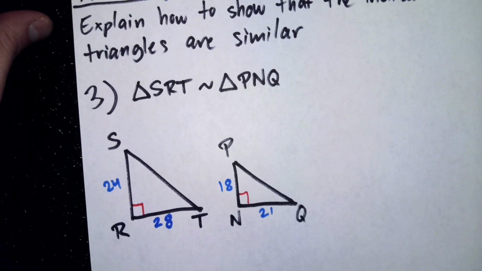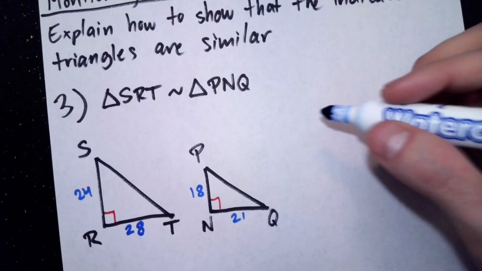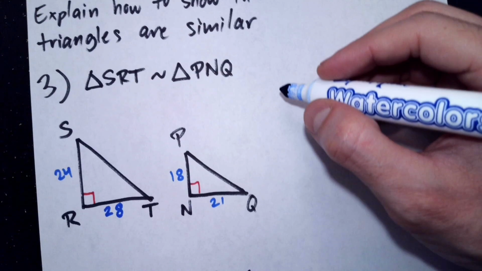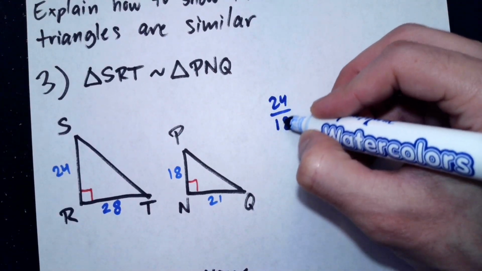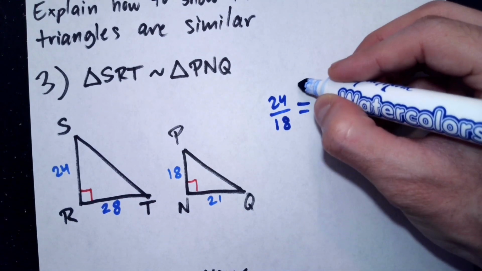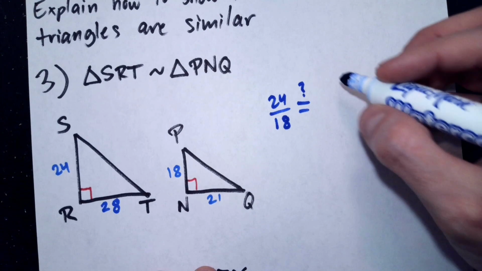And so we're going to have to check that the sides are in proportion like before. And so once again, I will check this right here. 24 over 18 should be equal to 28 over 21.